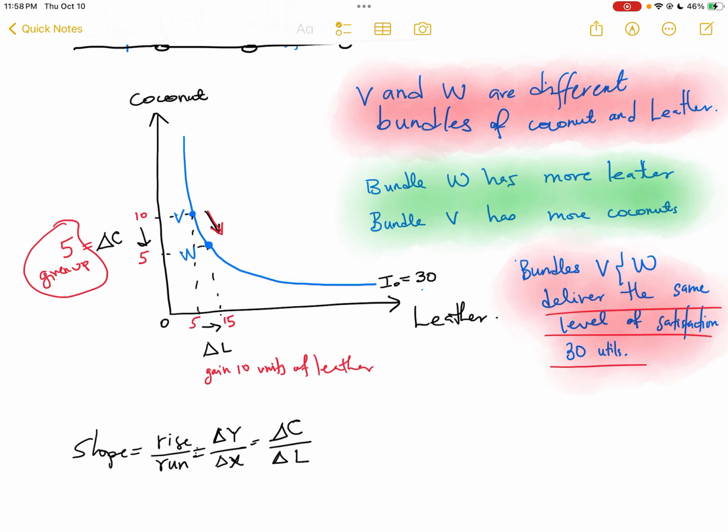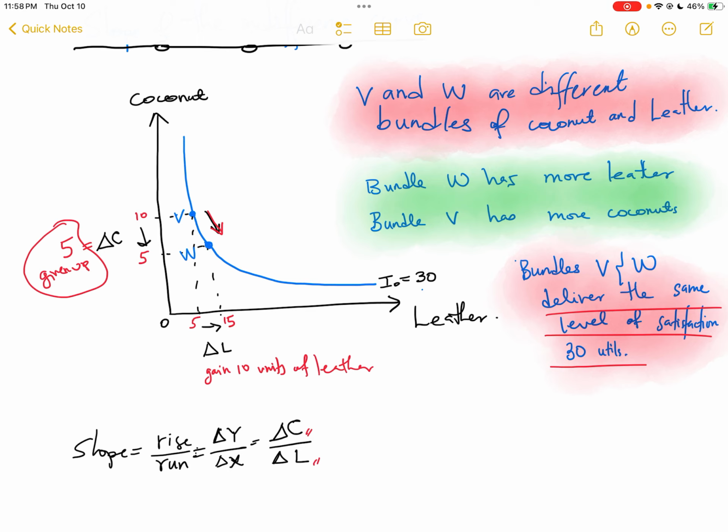Slope is rise over run, right? And what is on the rise? We have good Y on the rise and good X on the run. So it's a change in Y over change in X. Well, our Y here is coconut. So we have change in C over change in L. Hope you're following.